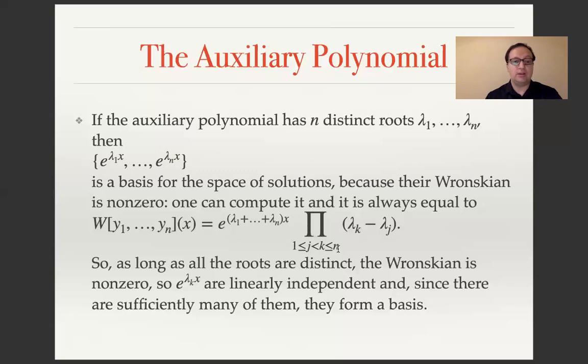So then if all the roots are distinct, then this product is non-zero, and then the Wronskian is non-zero, and then these exponentials form a basis.